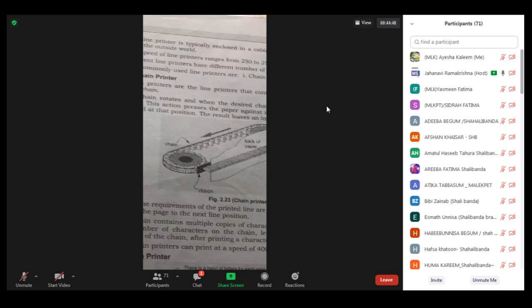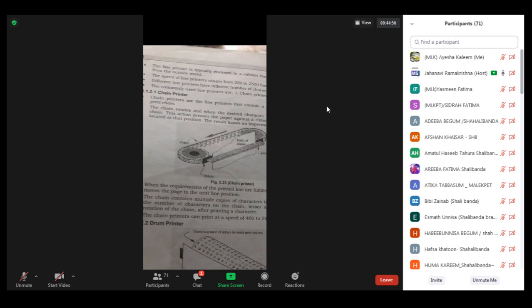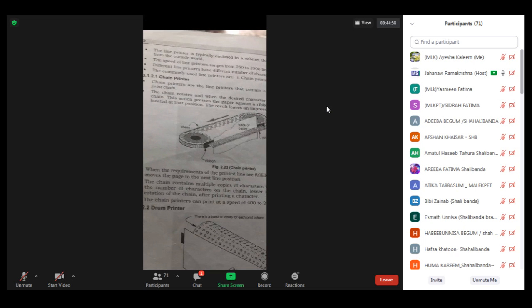And the chain printers can print at a speed of 400 to 2500 lines per minute. Normally it was 250 to 2500, but here it is 400 to 2500 lines per minute.